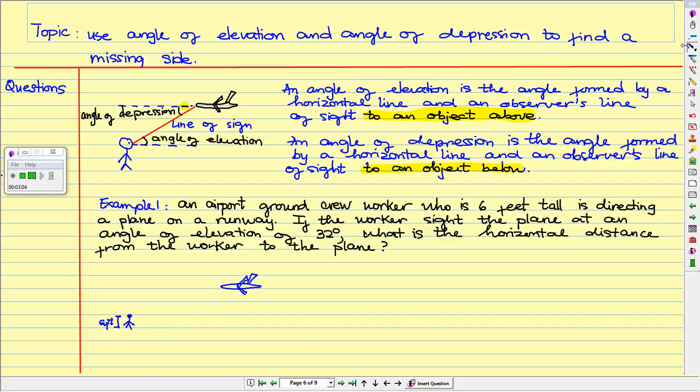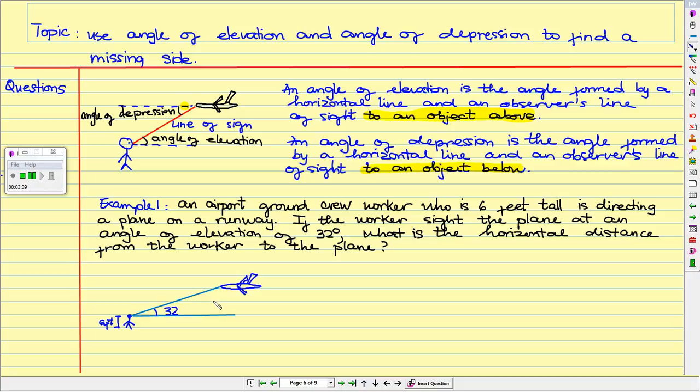The angle of elevation from the airport crew will be this angle here, and this angle is 32 degrees, an acute angle.